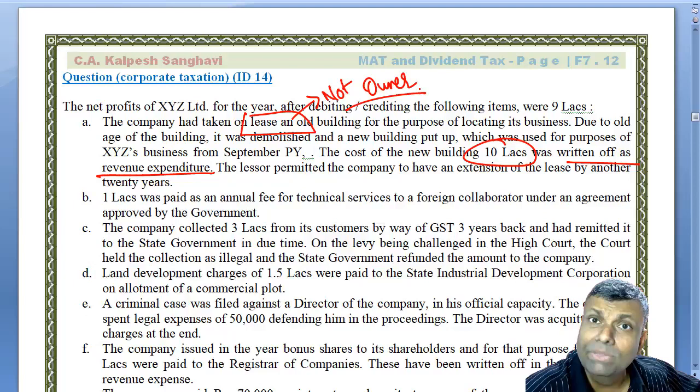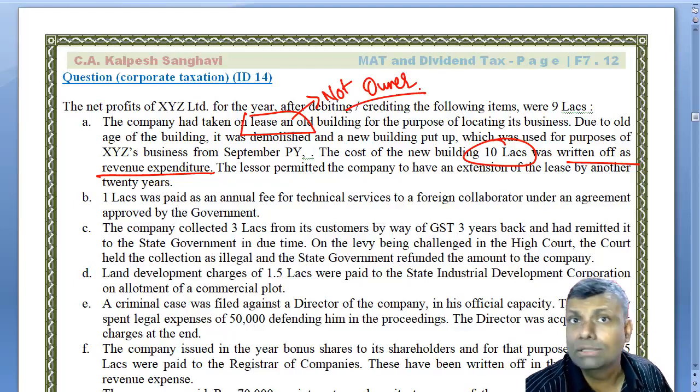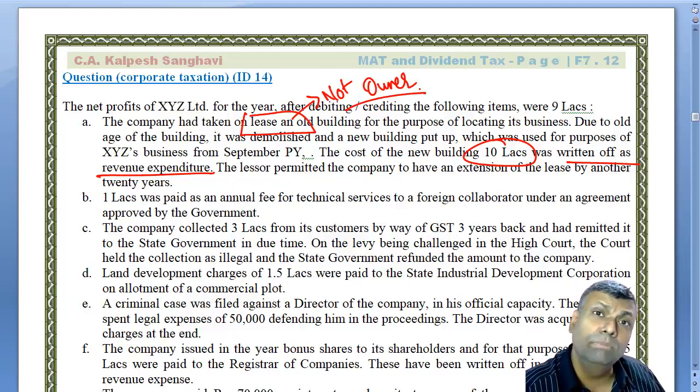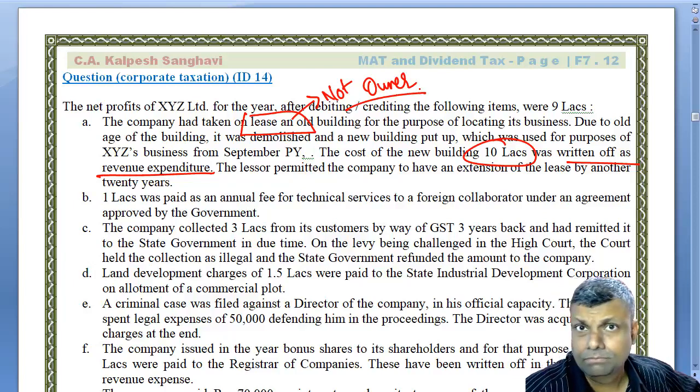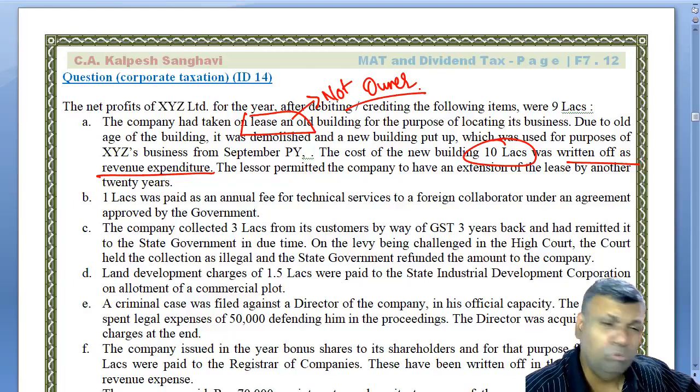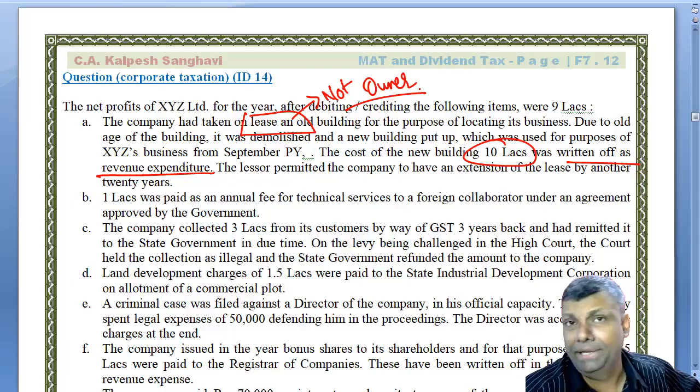At the same time, in the depreciation provision, there is also a concept of a deemed owner, a deemed building. If you read the provisions of section 32 very clearly, read with sections 30 and 31, these three sections of the business income chapter, such expenditure can be regarded as a deemed building.